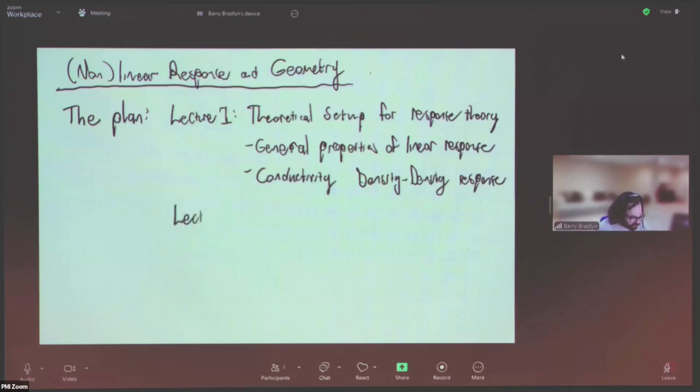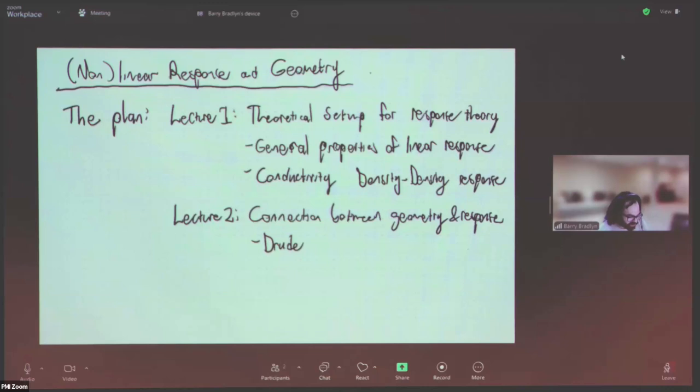Then in lecture 2, we'll turn more to the precise connection between geometry and response. And we'll do that by looking at 3 things. The first is the Drude weight and the conductivity. The second is the connection between the conductivity and the quantum geometric tensor, which we'll introduce.